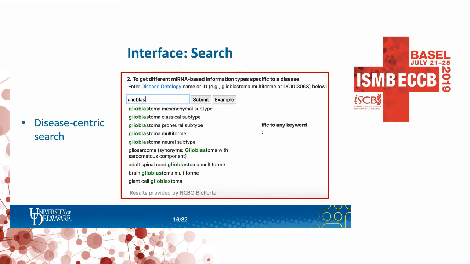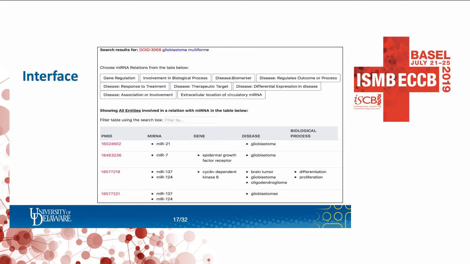So here, if I type the name glioblastoma multiforme, it's going to take me to a page that gives me a summary of all the entities involved in the relation with the microRNAs in the context of glioblastoma multiforme. So here at the bottom level, you can see all the abstracts where each of the microRNAs occurred along with the gene mentions, diseases, and biological processes that occurred with it.